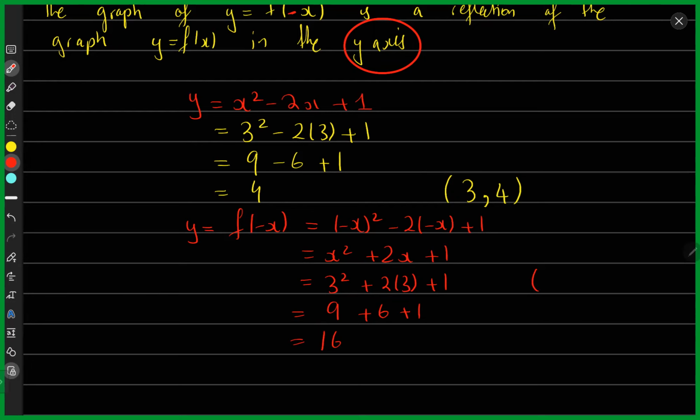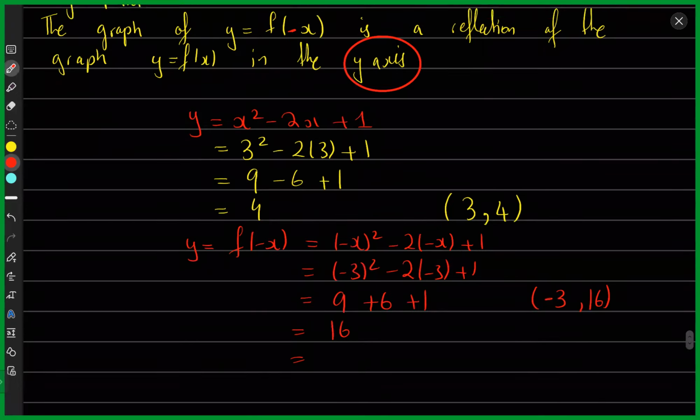So we had negative 3. This was basically negative 3. Let me write it down this way because you guys would again think I added 3. Negative 3 squared minus 2 into negative 3 plus 1, 9 plus 6 plus 1, and this would give me 16. So the x coordinate was negative 3 and this thing was 16. Okay. Let me just scroll up and see.